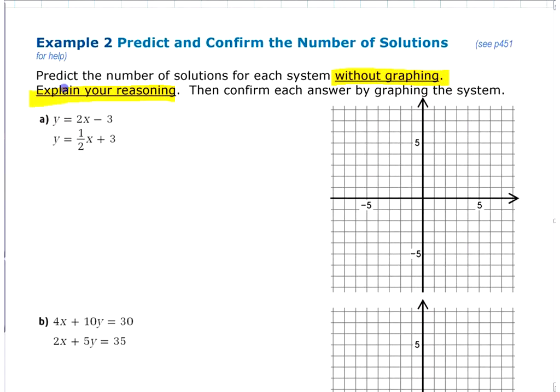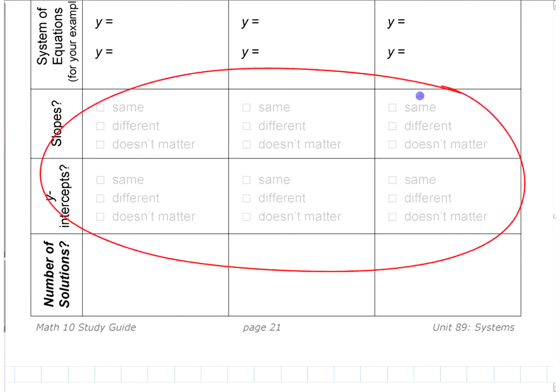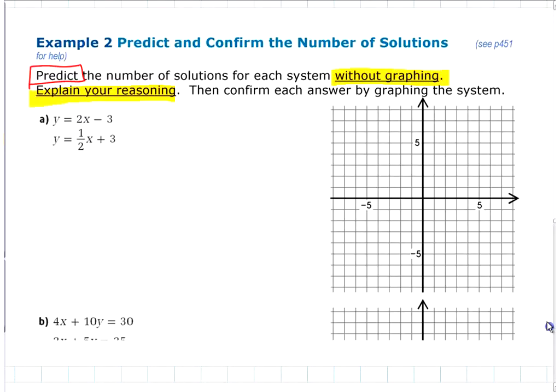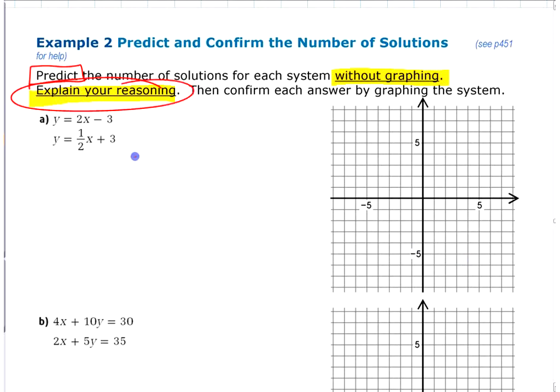That's why it says here predict. Okay, predict the number of solutions without graphing. Look at this and decide, wait a sec, the slopes are, the y-intercepts are. So you got to use the information you came up with in this table to make decisions there. That's what it means, explain your reasoning. Your reasoning is going to say stuff like same slope, same y-intercept, or same slope, different y-intercept, or different slopes, or whatever, something like that.